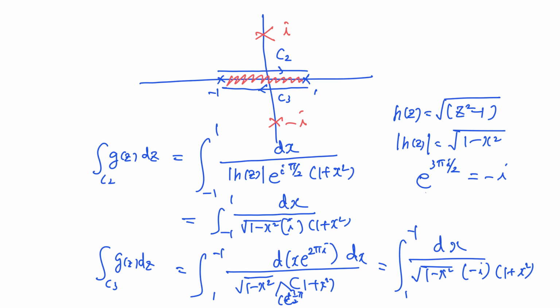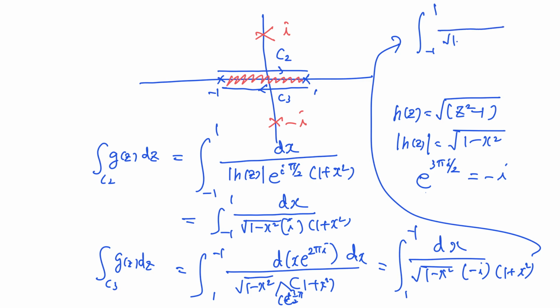So we have a minus sign and a minus sign in the integral. So we will have i over 1 minus x squared, dx.